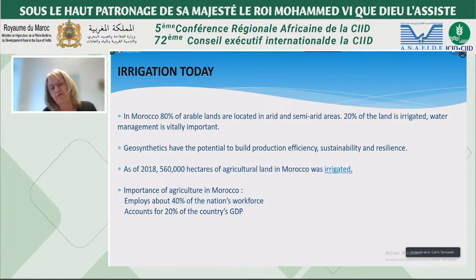I found this number from 2018: 560,000 hectares of agricultural land in Morocco are irrigated, and agriculture has a big impact on the economy. So that's to be considered, and geosynthetics can support this.